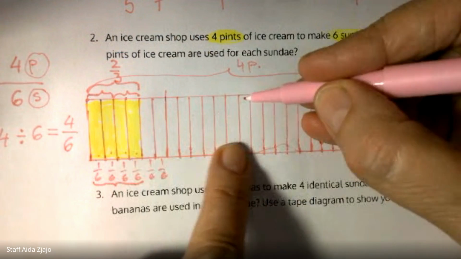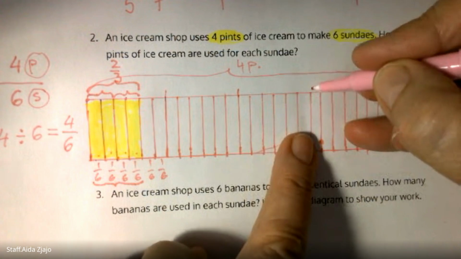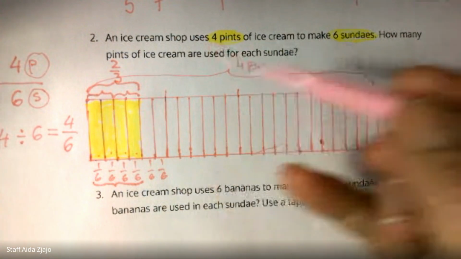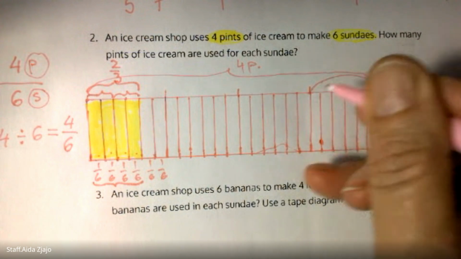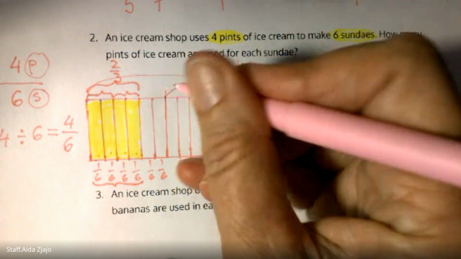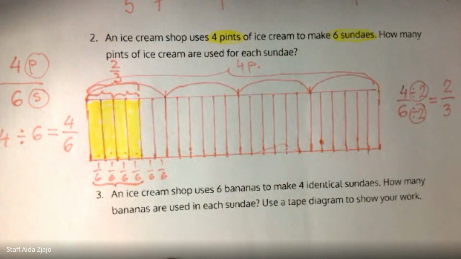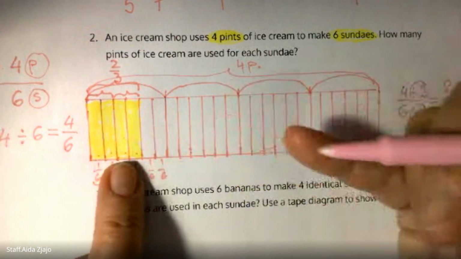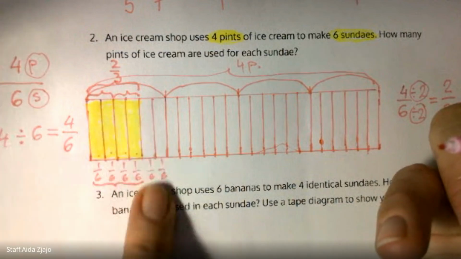So 2, 4, 6. This was 1, this was 2, this was 3, and this was 4 pints.